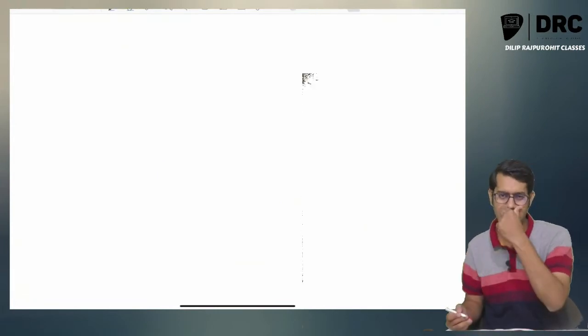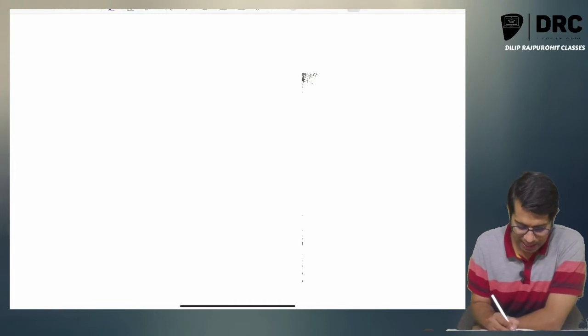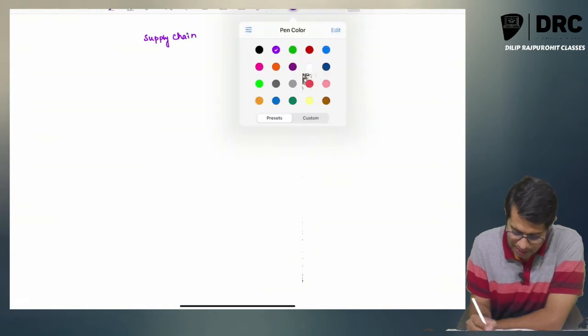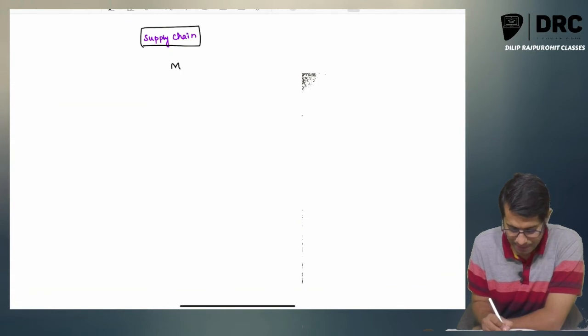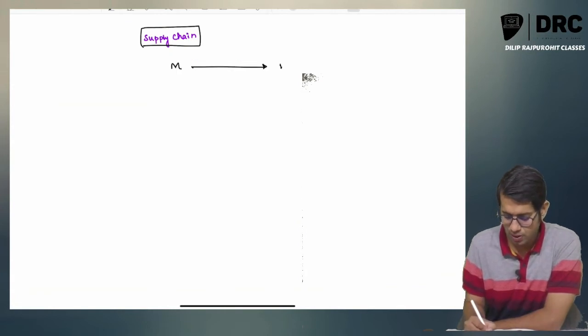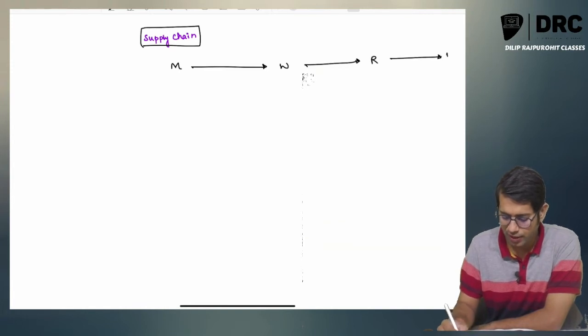Now for understanding the concept of GST, let us take an example of a supply chain, which consists of different people: manufacturer, wholesaler, retailer, and final consumer.